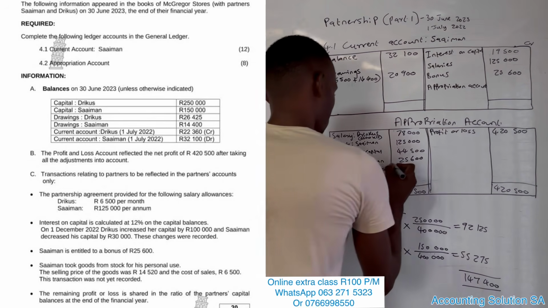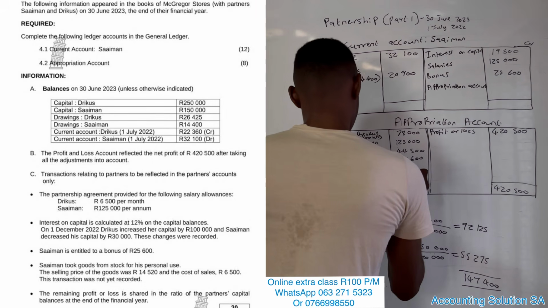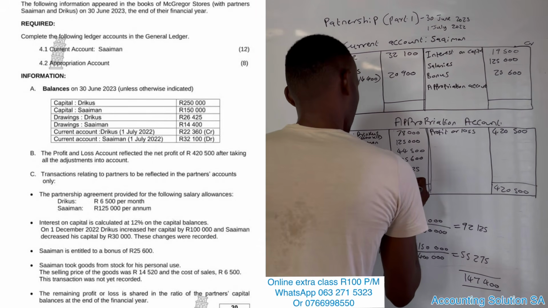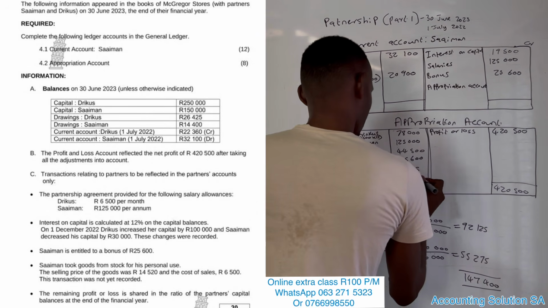Okay, let's record this. For Drinkers it is 92,125, and for Simon it is 55,275.